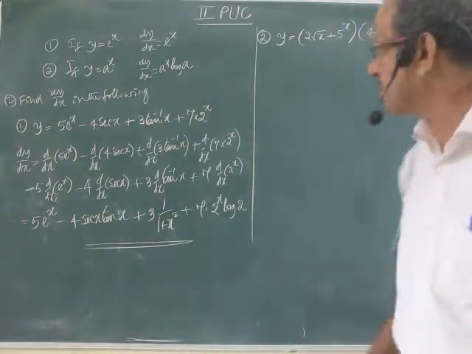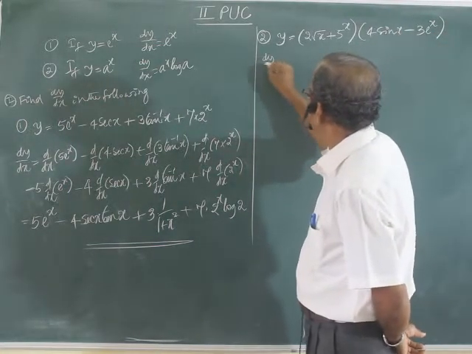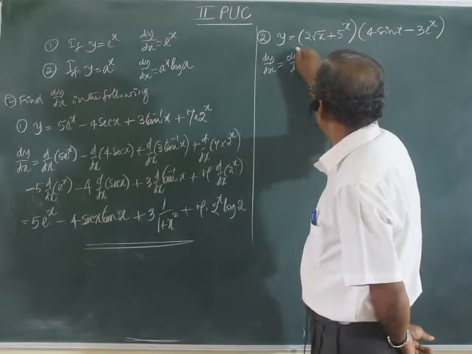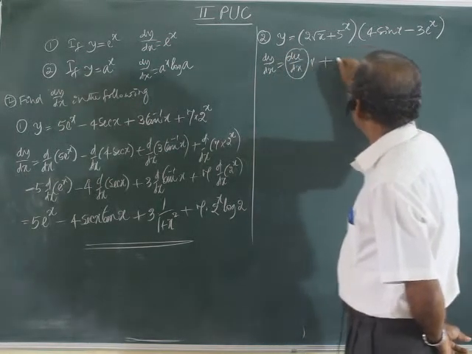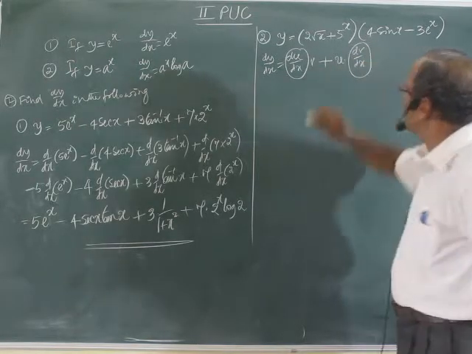Product formula. Let me write the product formula first. dy by dx will be du by dx into v plus u into dv by dx. Product formula is written.